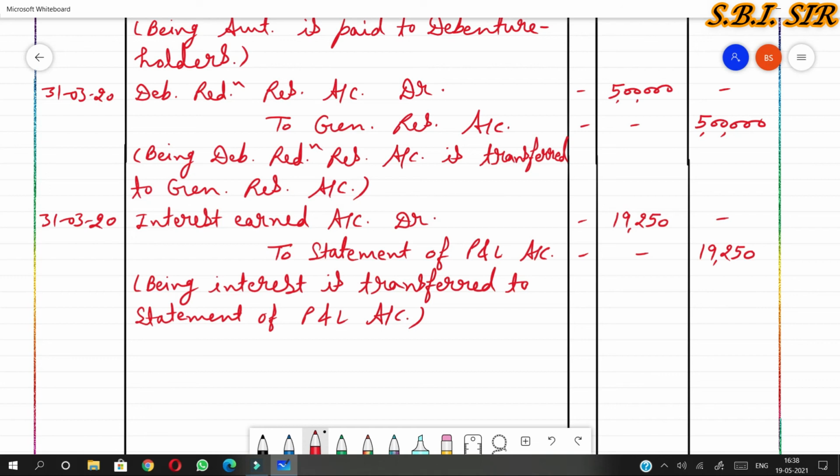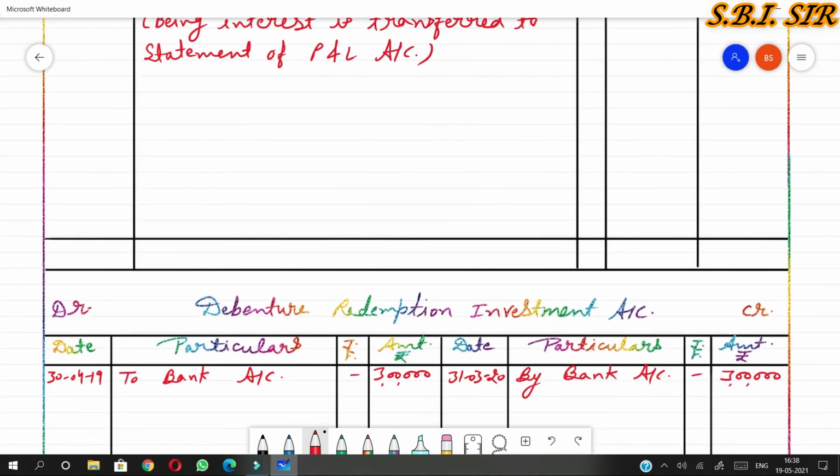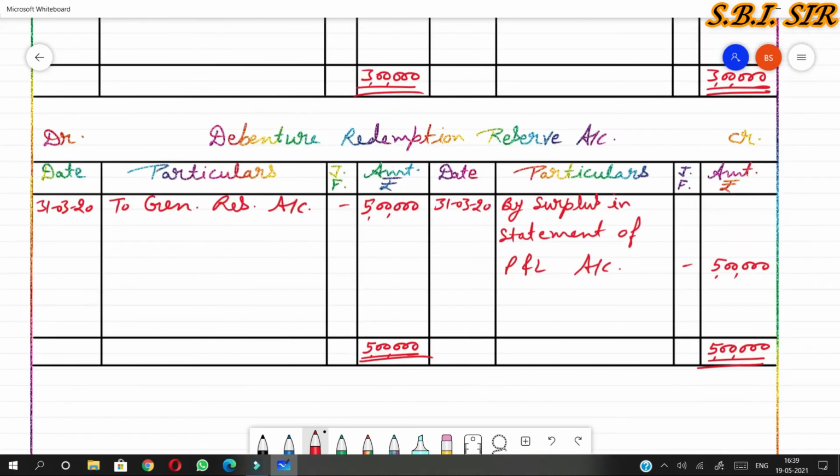The total will be 1,04,78,500. Then total amount one crore 4,78,500, 1,04,78,500. Then students, with this our sum number 22 is complete.